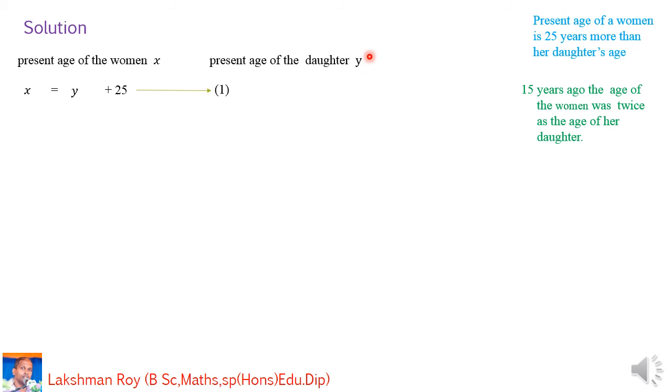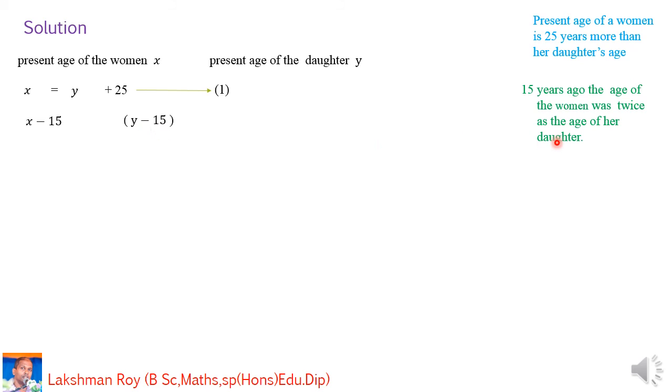If you go back 15 years, the age of the woman is x minus 15, so you have to subtract 15. The age of the daughter, going back 15 years, is y minus 15. That is the age of the woman and the daughter 15 years ago.